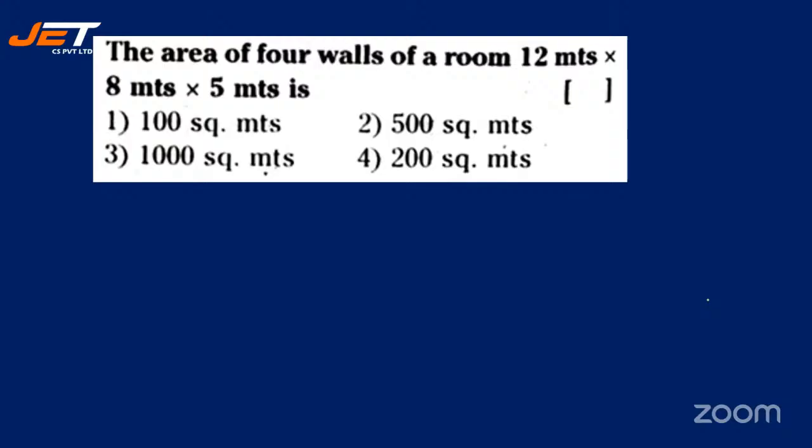So for this, I can give you a hint. Lateral surface area is equal to 2h into L plus B. So I'm sure with this you will be able to get the answer, isn't it? All right, so quickly give me the answer.